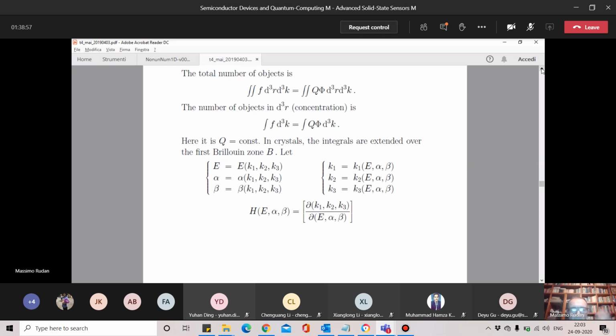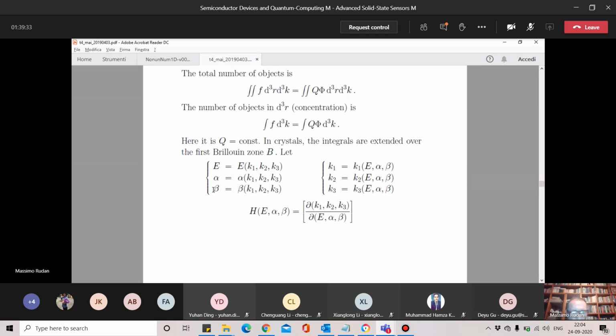We consider a single band, for instance, the conduction band of a crystal, okay? And we consider the form of the branch. E is equal to E of K1, K2, and K3, not necessarily parabolic. And then we introduce two more variables that we call alpha and beta, also depending on K1, K2, and K3.